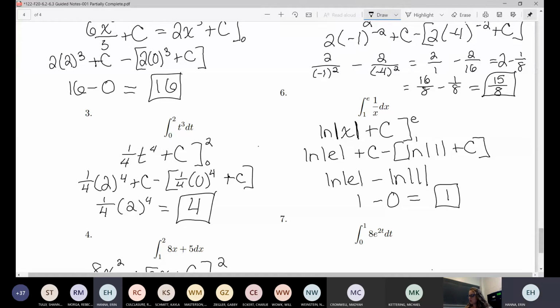Now, in Wiley, say it wasn't an e, say it was a 3. As a side note, say it was natural log of 3 minus natural log of 1. Whoa, one screen is lagging a lot. There we go. Natural log of 3 minus natural log of 1. In Wiley, that would reduce to natural log of 3 minus 0, so just the natural log of 3.